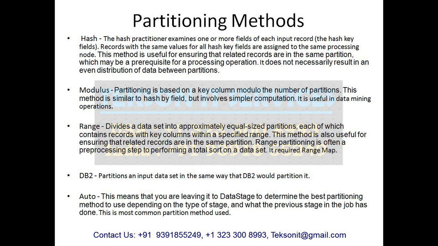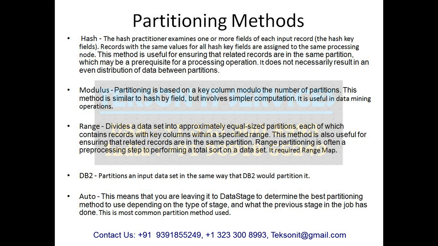The main benefit of hash partitioning is that all records having the same key value go to a single partition. Let's say we are comparing two data sets having a key value of 1. The hash algorithm gives us the assurance that all the records with value 1 will go into a single partition, whether from the source or from the reference.